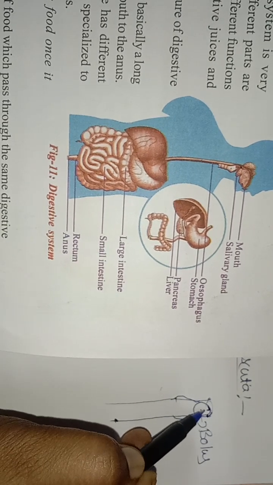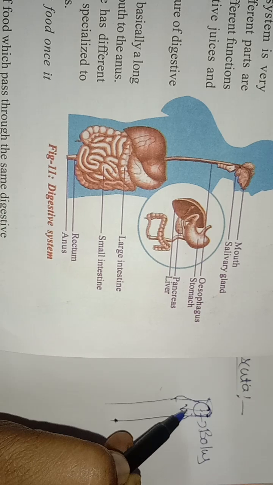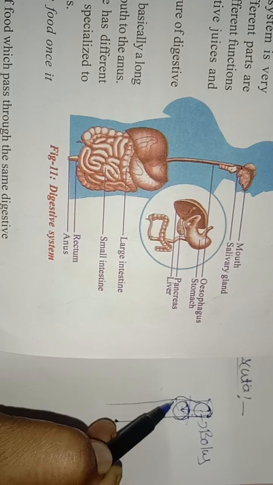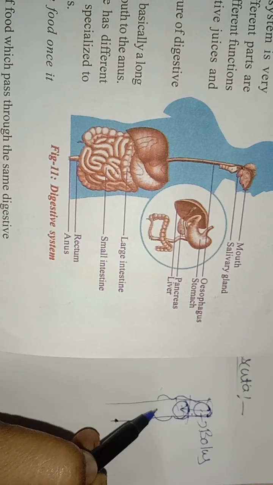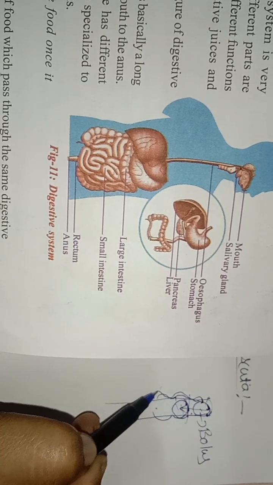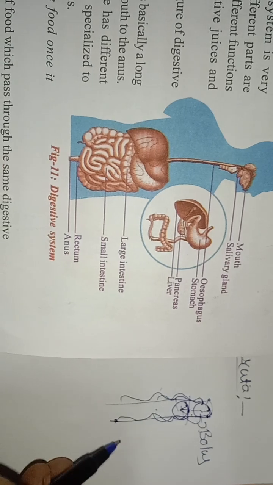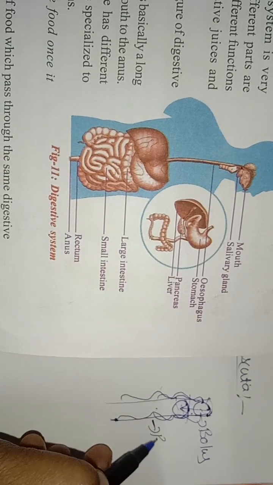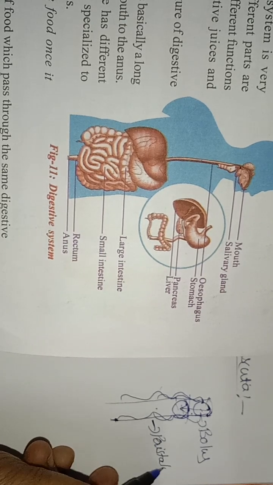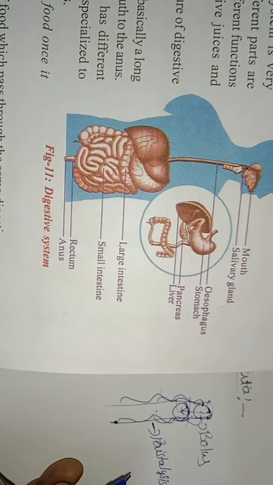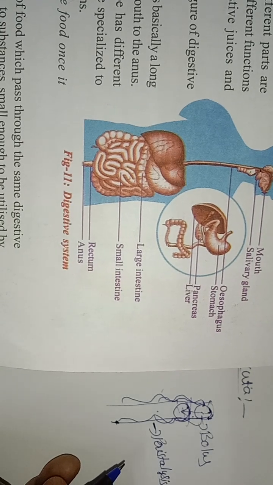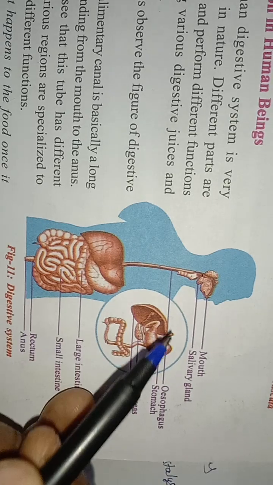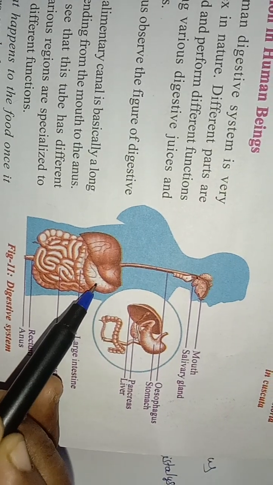Whenever it contracts, food is pushed down. Then when food reaches the next part, that part starts contracting and the food moves on. So what we are seeing here is a wave-like movement, right? This is called peristalsis movement.